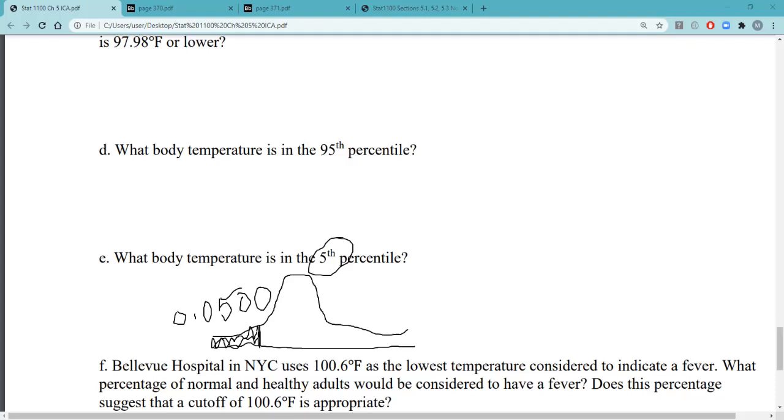So I'm looking for the closest to 5%. Let me clear this and I'll go to the table.